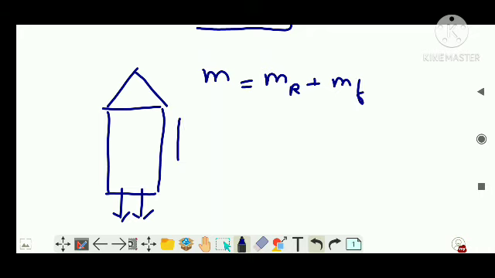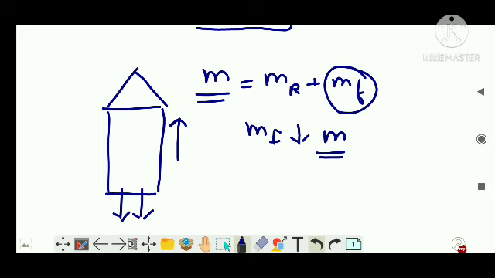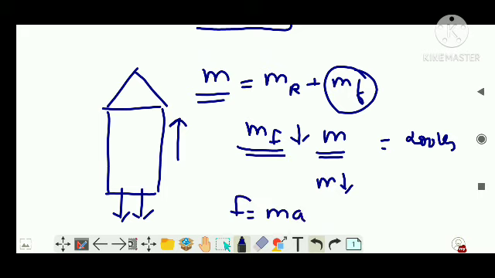Now as the rocket goes up, the mass of the fuel goes on reducing. Initially the mass was high, so let's say if it was 2000 kilograms, then its mass goes on reducing due to the reduction in fuel, right? So in this condition, I can never use the equation F is equal to ma, because mass is not constant.